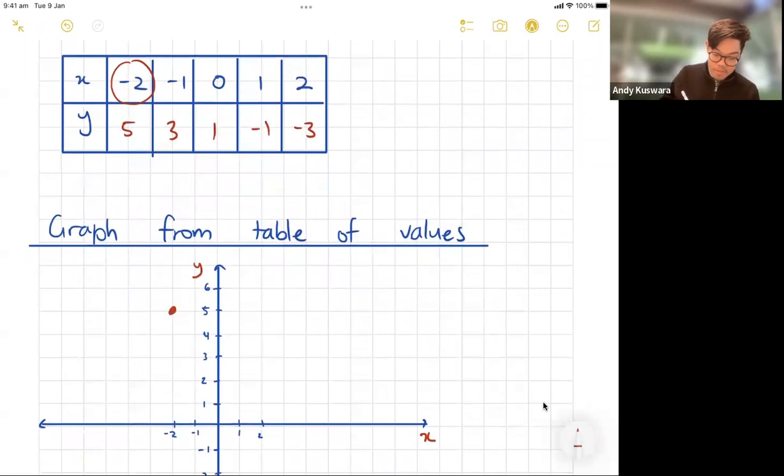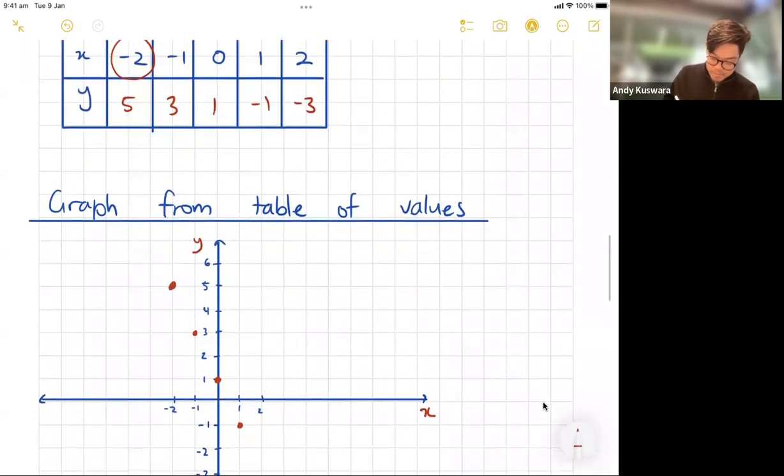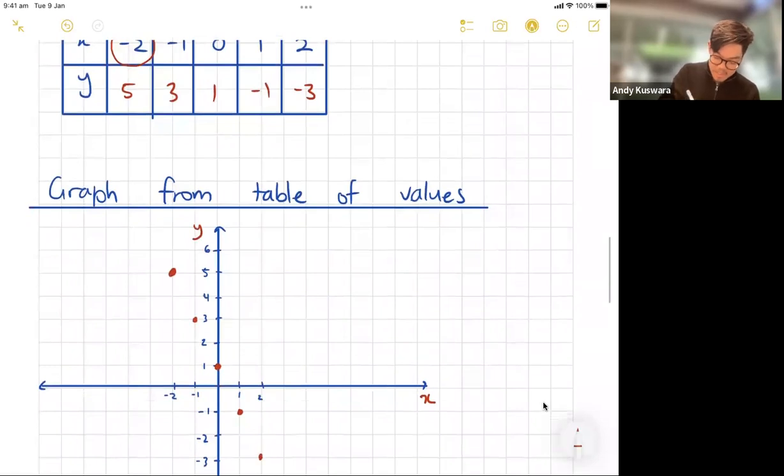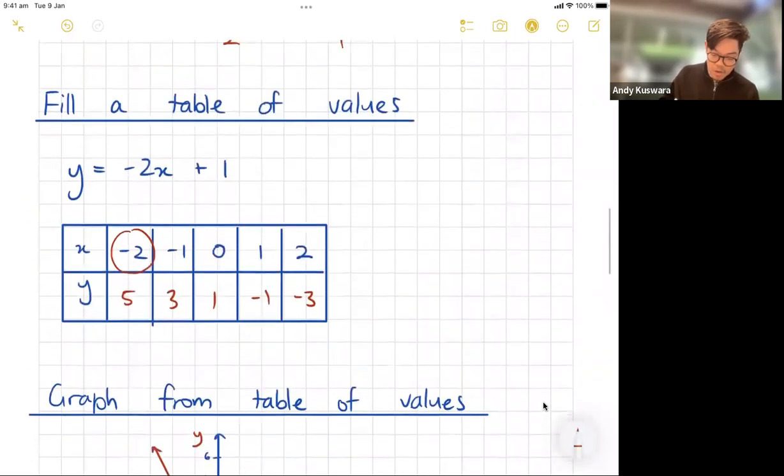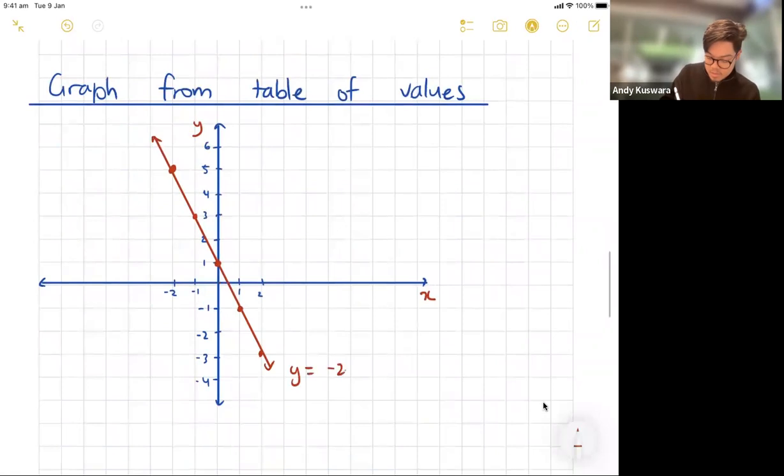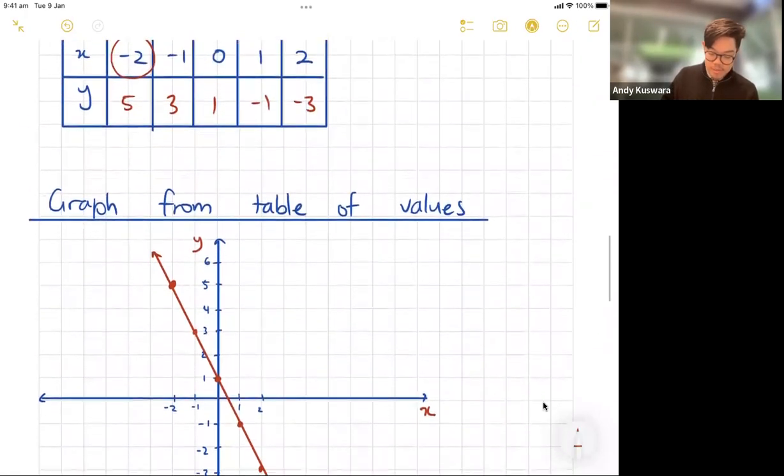When I've got an x value of -1, it's 3. When the x value is 0, it's 1. You can see we're plotting a nice little line here. Sketch that through, and then you can label it. This was y = -2x + 1, using that table of values.